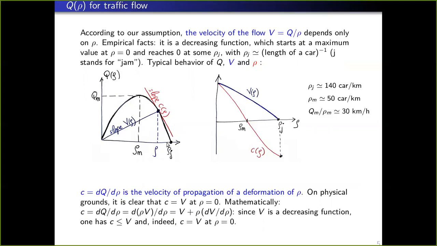Now, on this curve, one can do some geometry to represent V. Consider a given rho and draw the straight blue line that goes from 0 to this point. The slope of this straight line is Q divided by rho, so it's V. If I plot how V behaves as a function of rho, here it's maximum, and then it decreases and reaches 0 here. So this is a plot of V of rho.